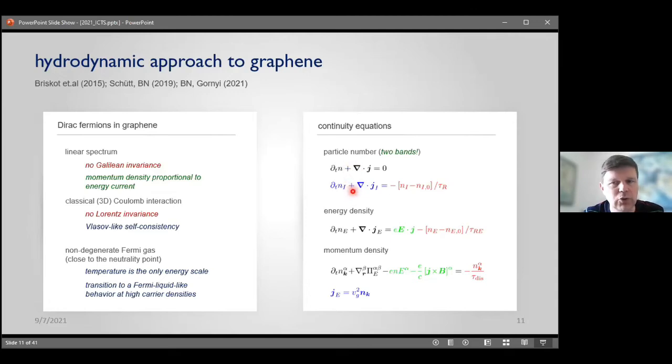the fact that you have two, that's because you have two bands of carriers, right? So even in the regular hydrodynamics, suppose you have a two-component fluid, right? Then depending on what kind of scattering between those two components you have, you may write a continuity equation for one component and a continuity equation for another component, right?